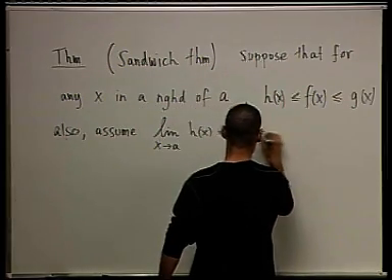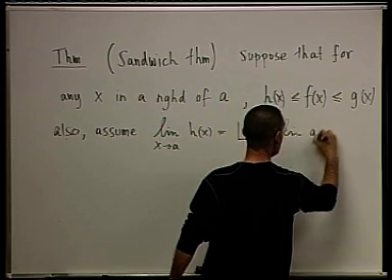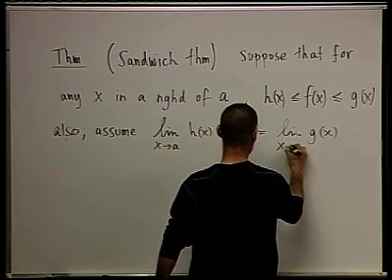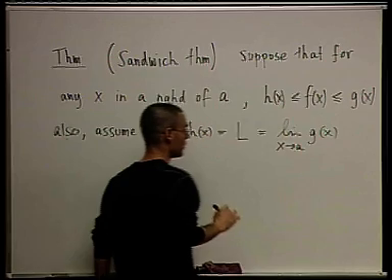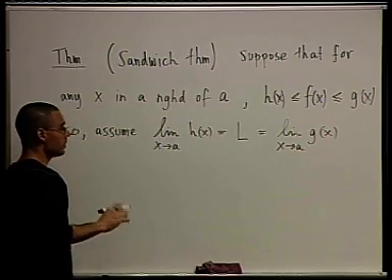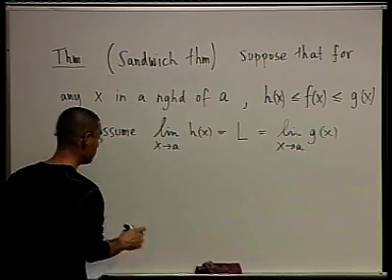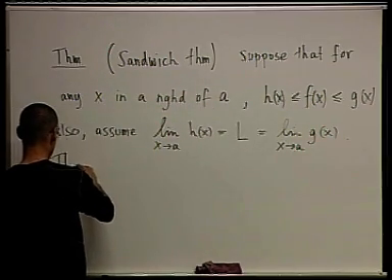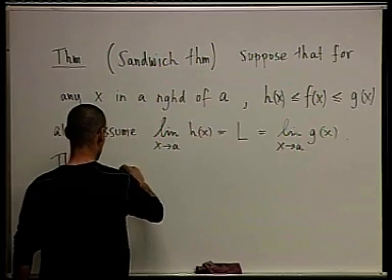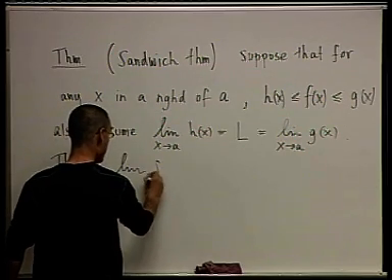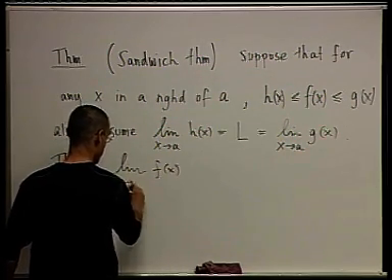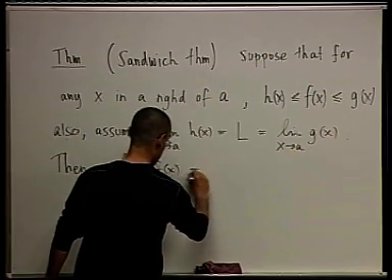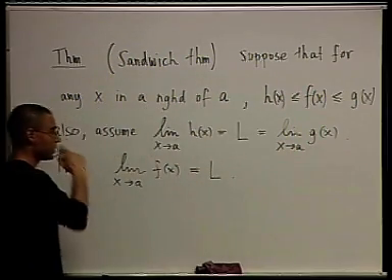So this also equals the limit of g of x as x approaches A. So these are the assumptions of the theorem. And the statement is, then the limit of f of x as x approaches A also exists and is also this L.